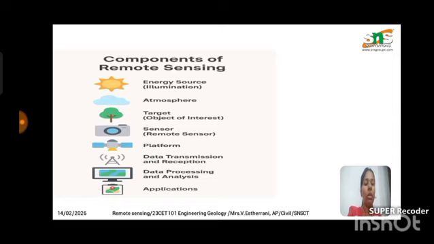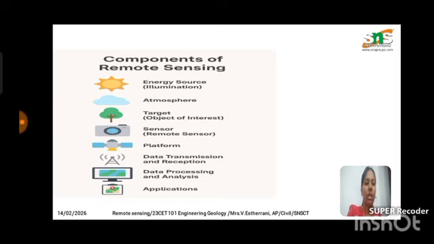The target area or the target object can be an area, can be an object, can be of any type of object of interest. It can be any part of the land surface or any part of the object. That is the target. Next one is the sensor. It is the main part that senses and captures the image.